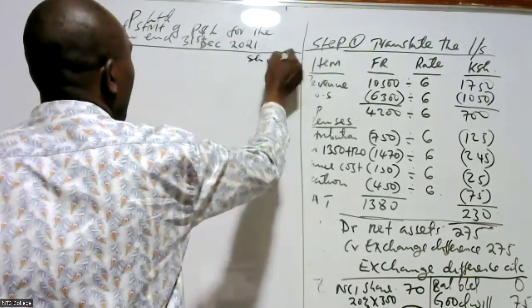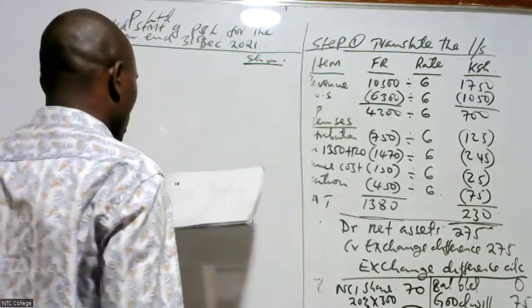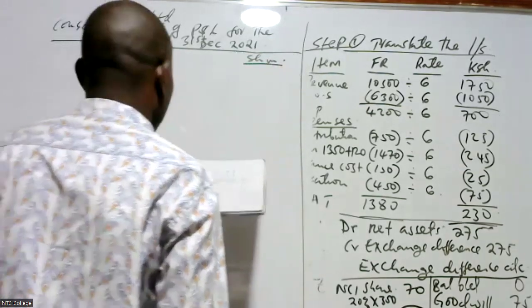We have shillings in millions. Our currency is shillings in millions.